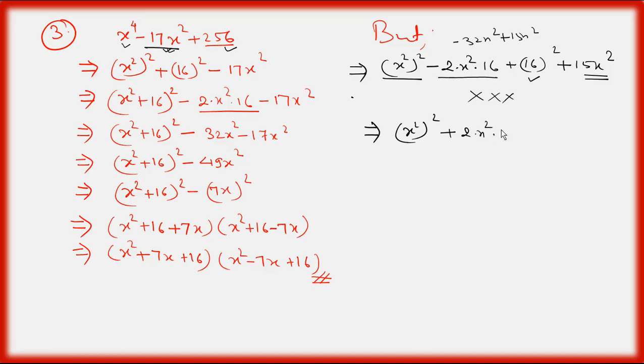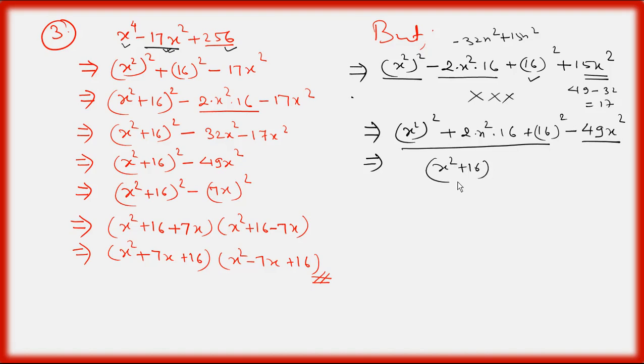Let me check. (x²)² plus 2x² times 16 plus 16², but 16 times 2 is 32 and we need 17, so you can subtract 49x², since 49 minus 32 equals 17. So we get the result: the first three terms, (x² plus 16) whole square minus (7x) whole square. I think I made it clear.